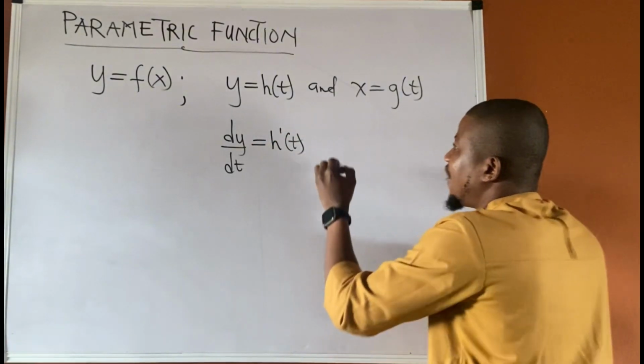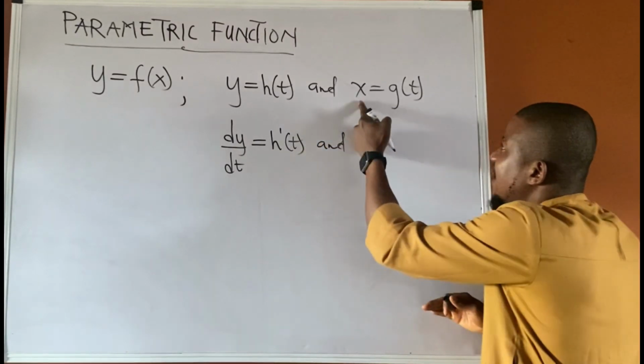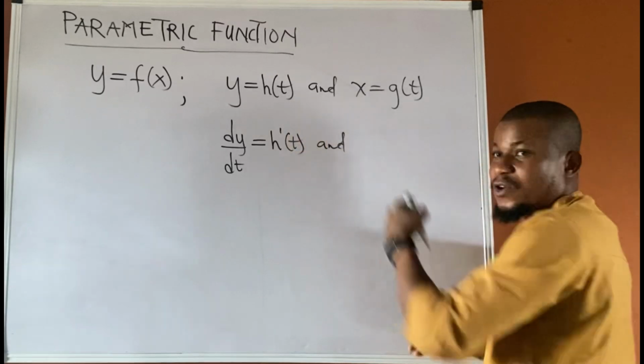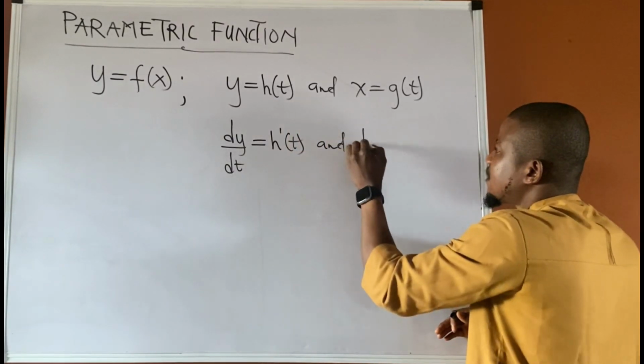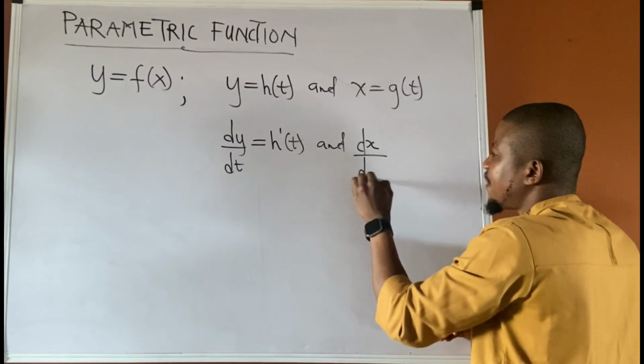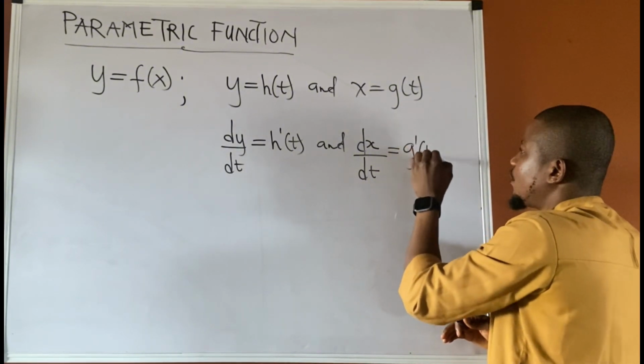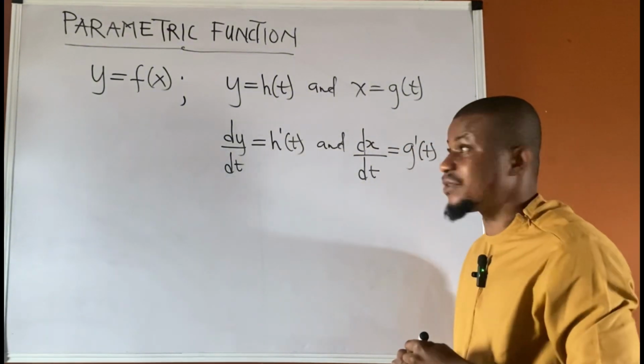And if I differentiate x with respect to t, because these two variables are both functions of t, this will give me g prime of t. That's the first derivative with respect to t.